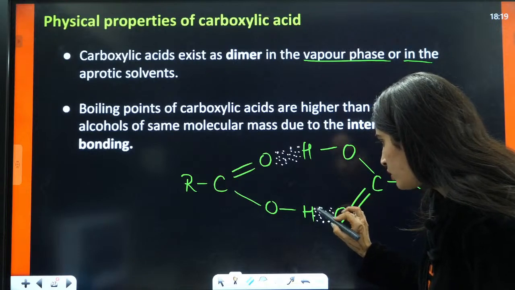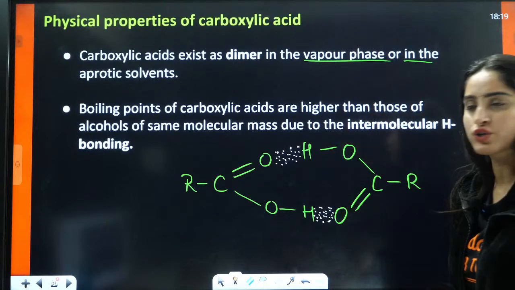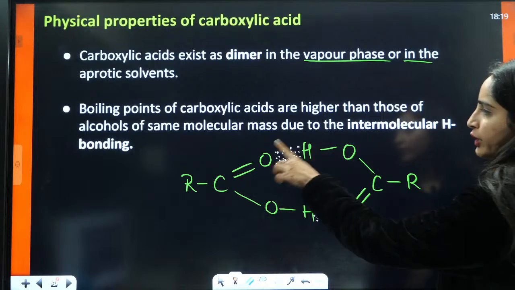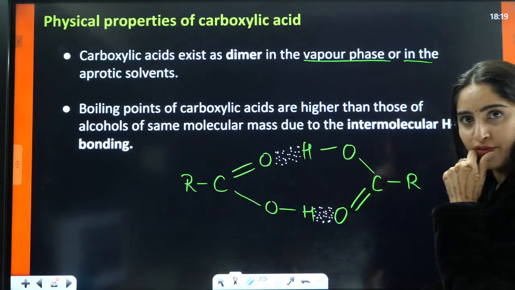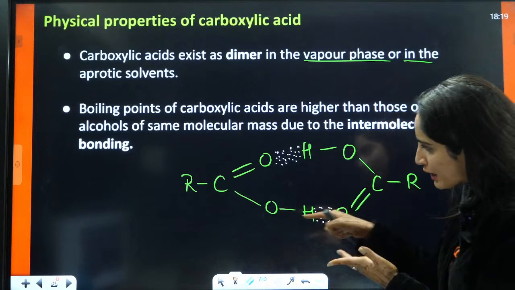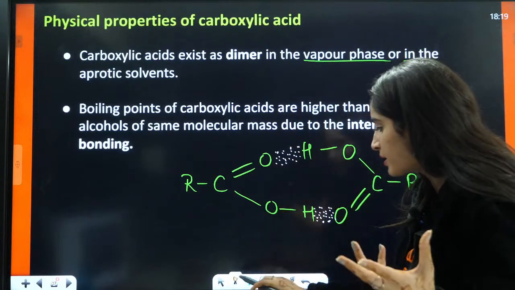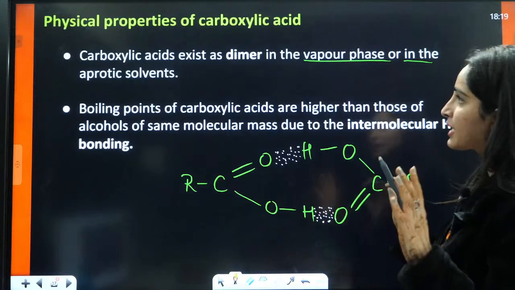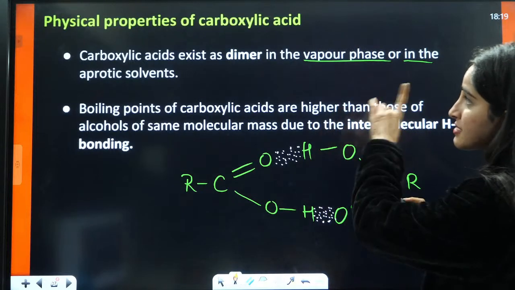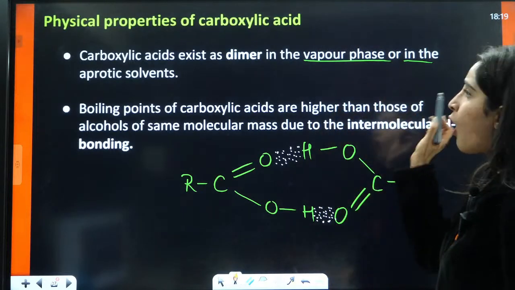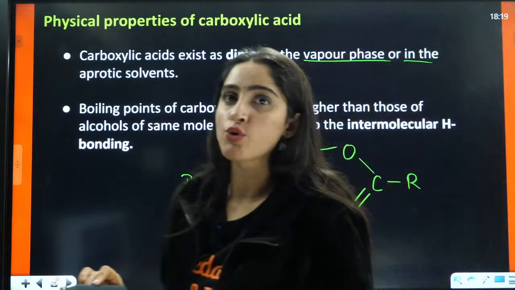Both of them will have hydrogen bonding. Two molecules, when they are hydrogen bonded and make a cyclic structure, that is called a dimer. That is why we say carboxylic acid exists as a dimer in the vapor phase or even in aprotic solvent.